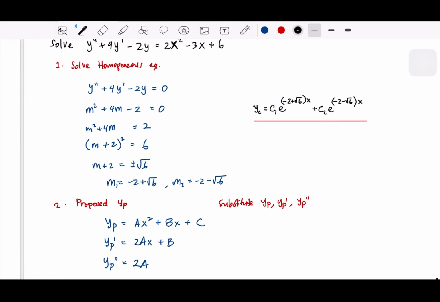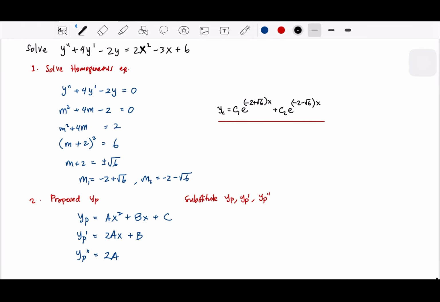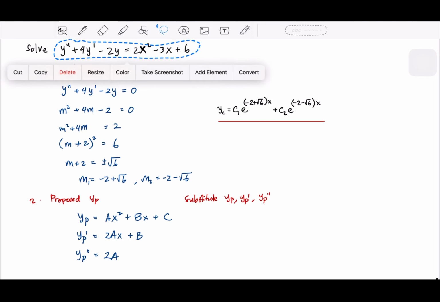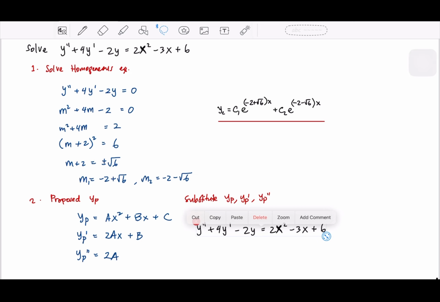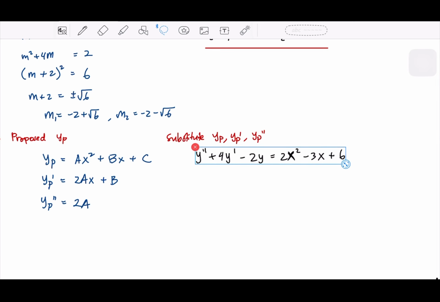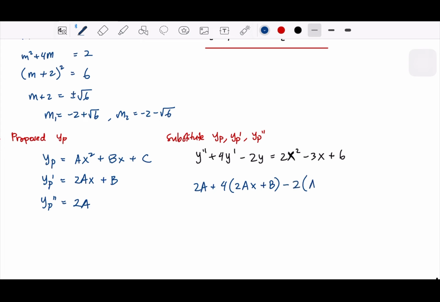So the equation is, let me copy the equation. Okay, so we could write y double prime is 2a, plus 4 times (2ax plus b), and minus 2 times (ax squared plus bx plus c).